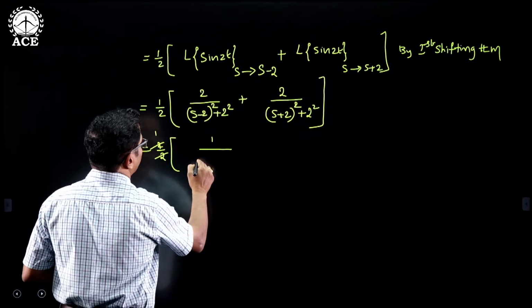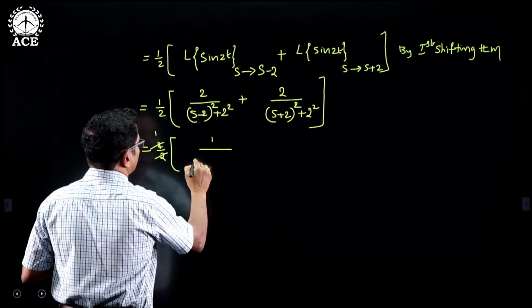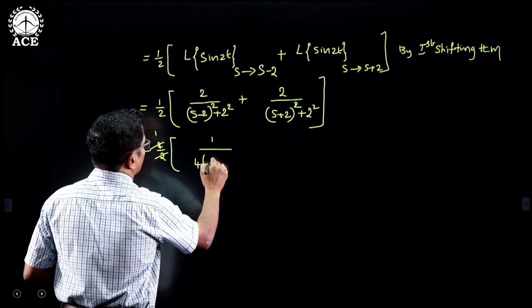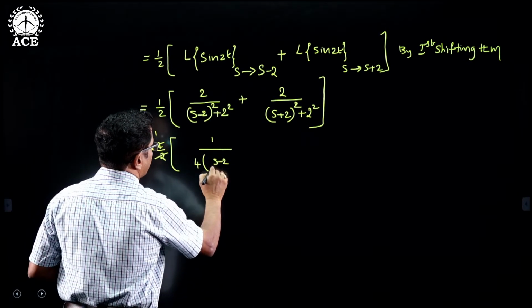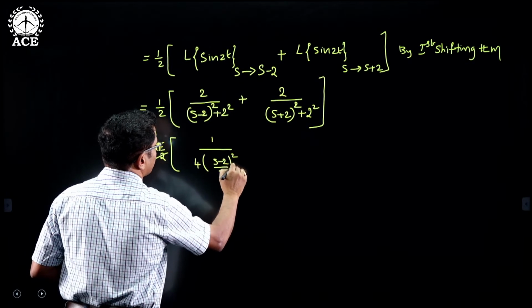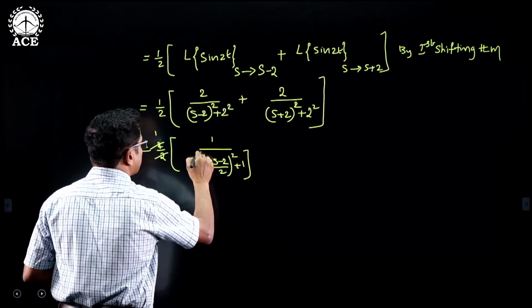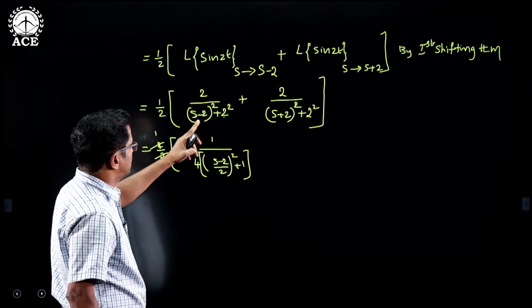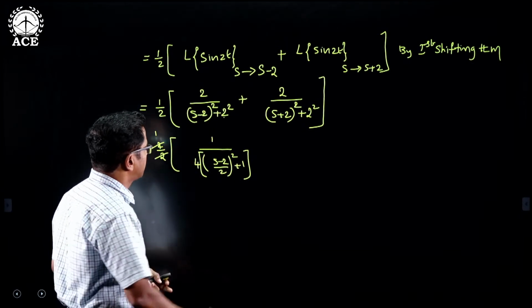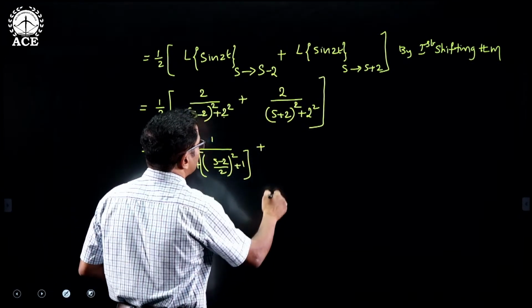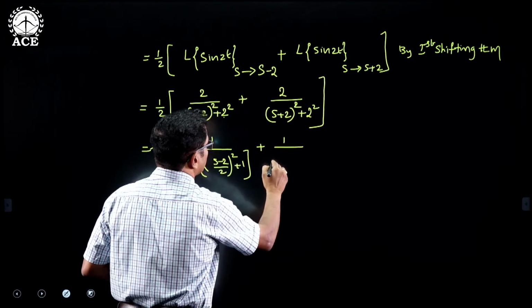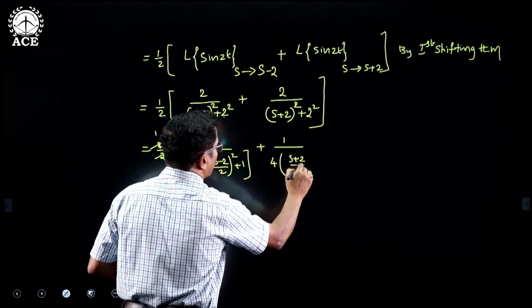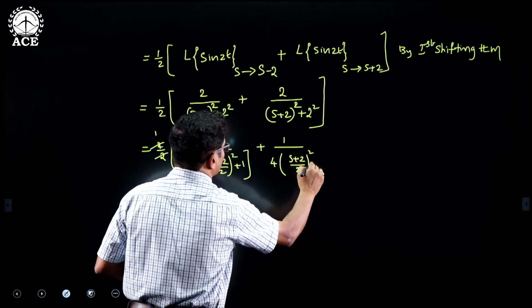If I bring 2 square common, so 1 by 4 into s minus 2 by 2 whole square plus 1, plus here also 1 by 4 into s plus 2 by 2 whole square plus 1.